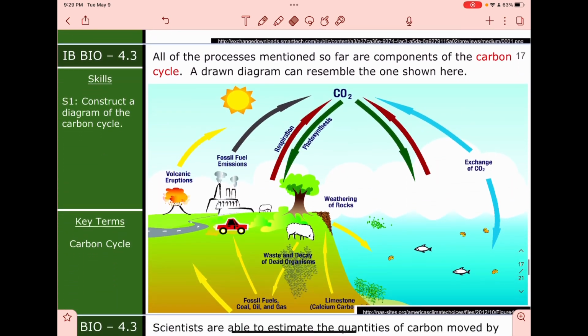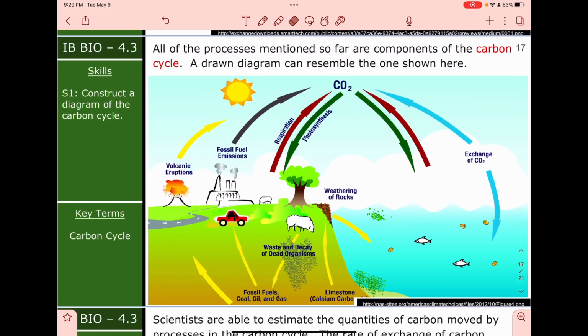So far, we've looked at all of these various ways that carbon is recycled. So these processes that we've talked about, we have combustion, volcanic eruption, we have combustion from fossil fuel emissions, we have emissions from animals, we have carbon dioxide emissions, so you can have waste methane emission or CO2 emission.